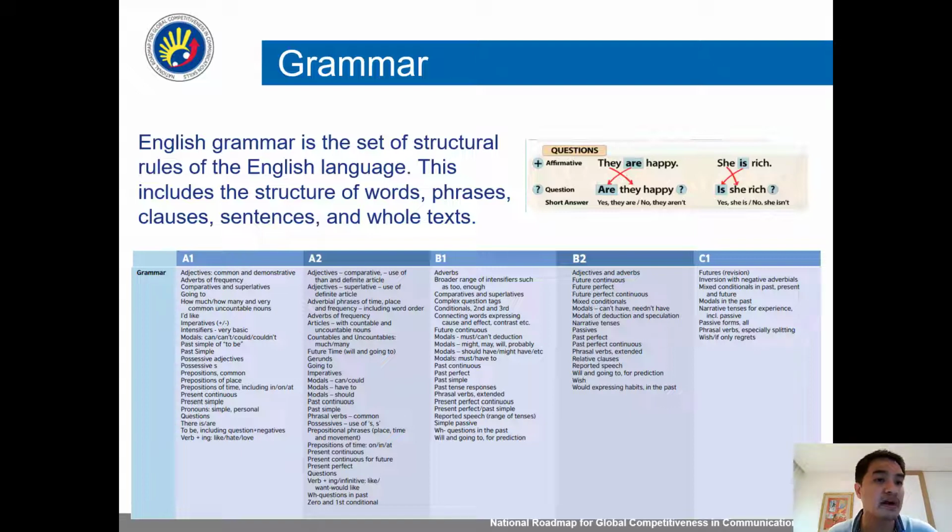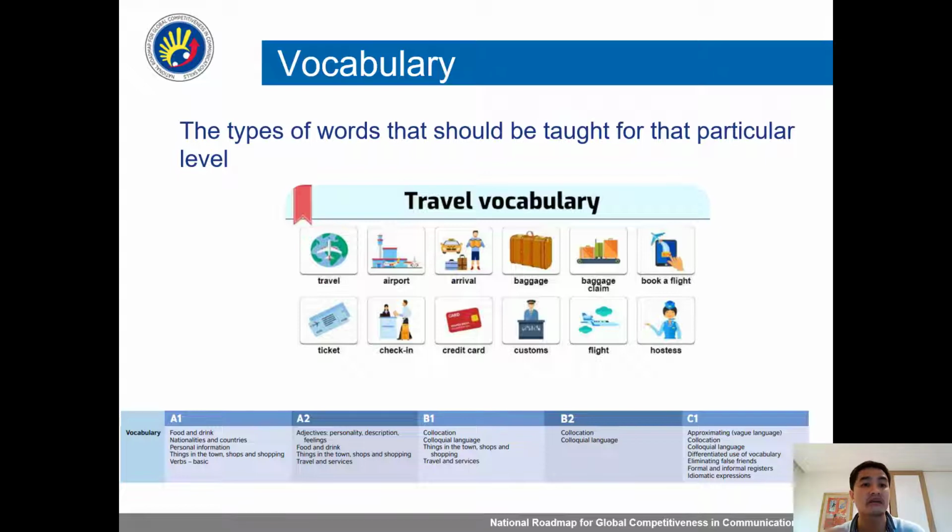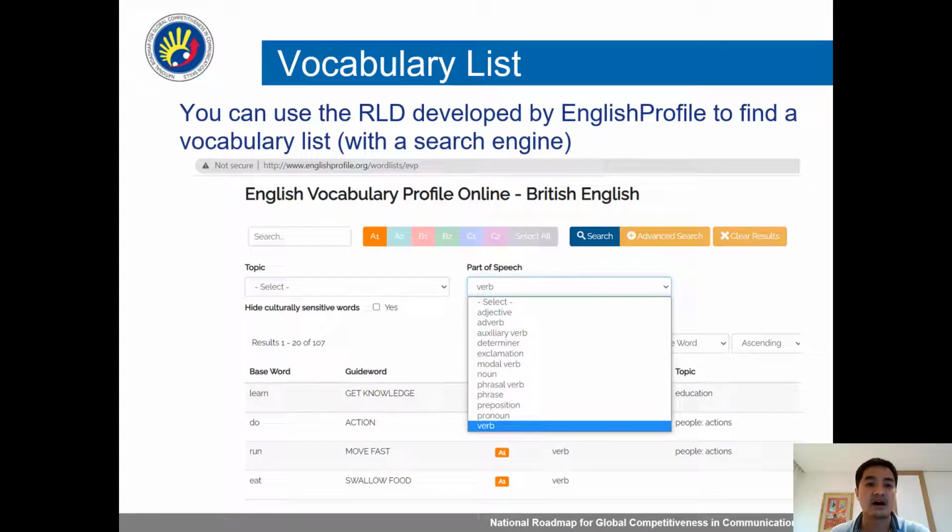But this would be the grammar for the English language. Okay, vocabulary, the types of words that should be taught for a particular level, they put it down here. Vocabulary list, again, we've shown you with englishprofile.org. They do have that vocabulary list and that grammar list on englishprofile.org.